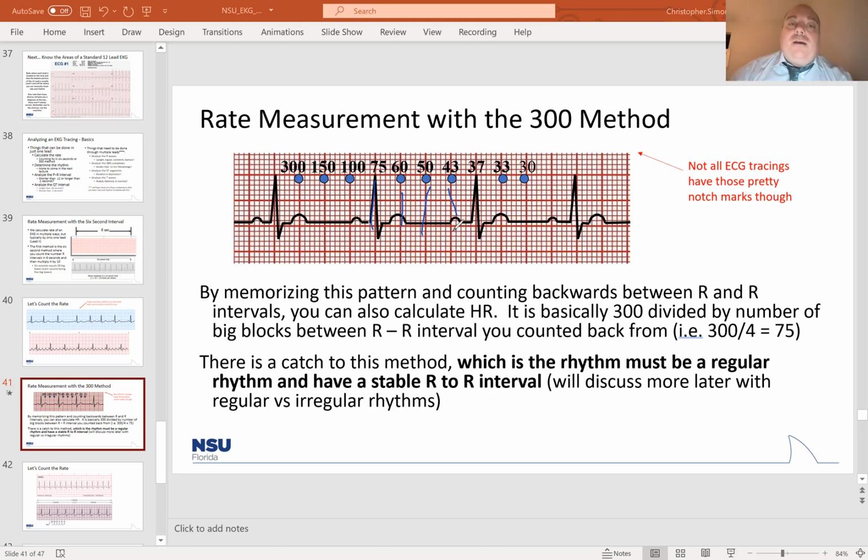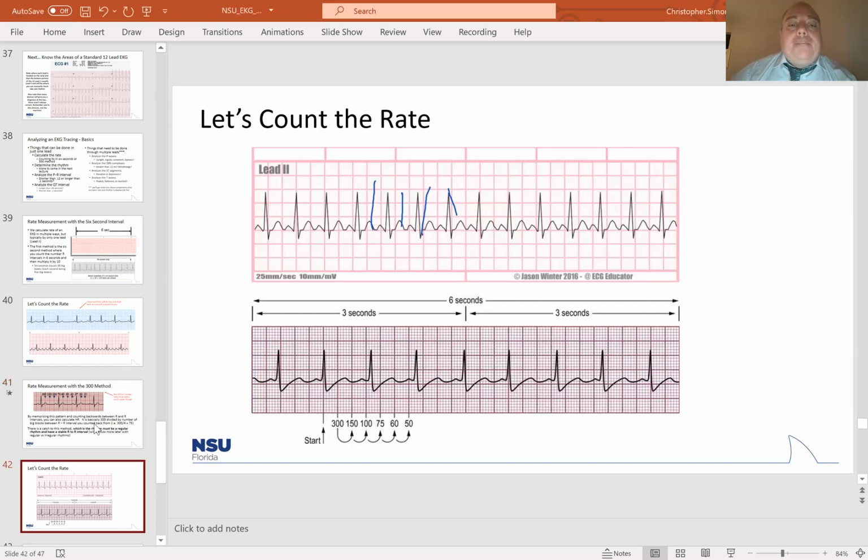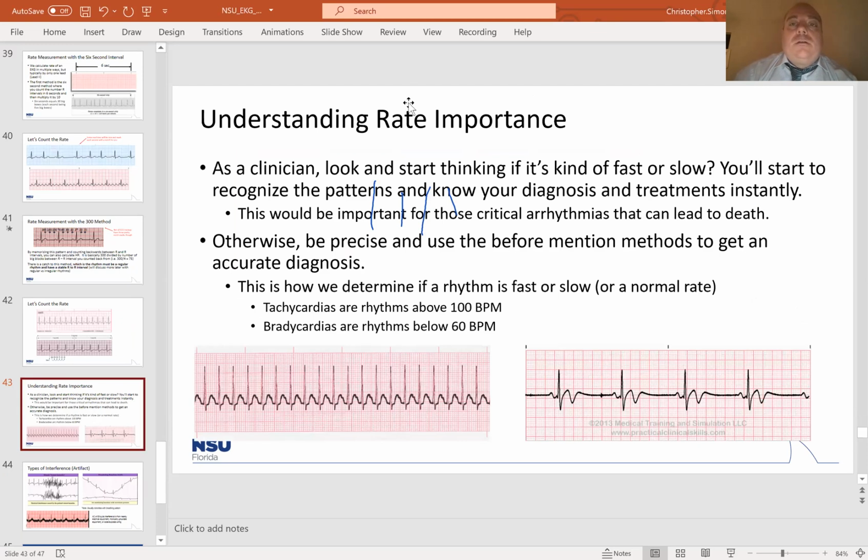So there's another way. I don't think that we have it in the PowerPoint, but let me just look here real quick. Oops, let me get my drawings off the screen. Yeah, there's another way. It's not on here, but it's good to know.